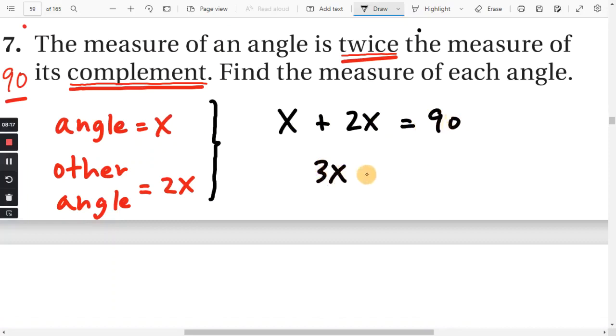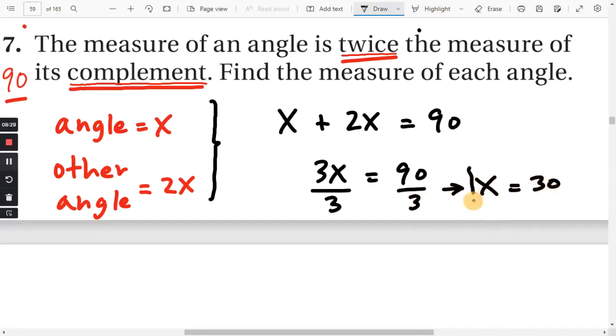Three x equals 90, and dividing both sides by 3, x is 30. So that's one angle. The other angle is 2x. You want to plug in 30.